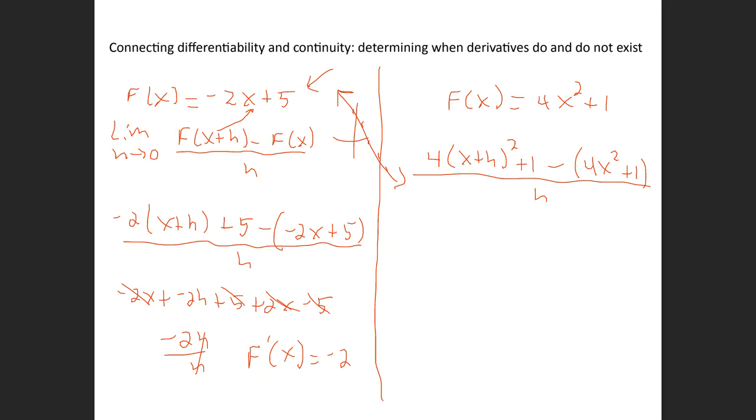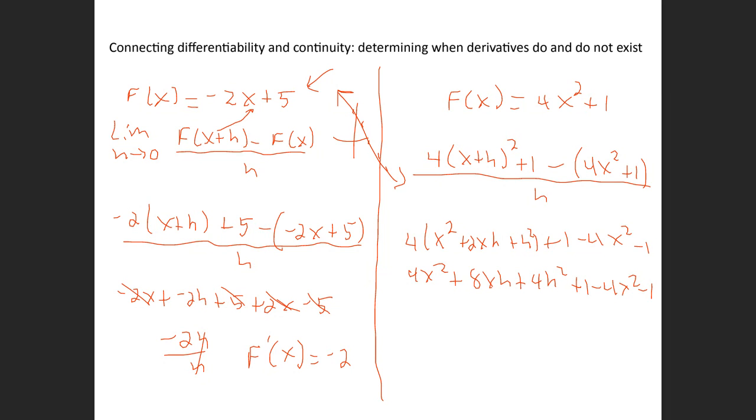Now, you'll notice if you do enough of these problems that you end up with (x plus h) squared a lot of times. So this is just going to be 4 times x squared plus 2xh plus h squared, plus 1 minus 4x squared minus 1. I'm going to multiply through by the 4, so I end up with 4x squared plus 8xh plus 4h squared plus 1 minus 4x squared minus 1.